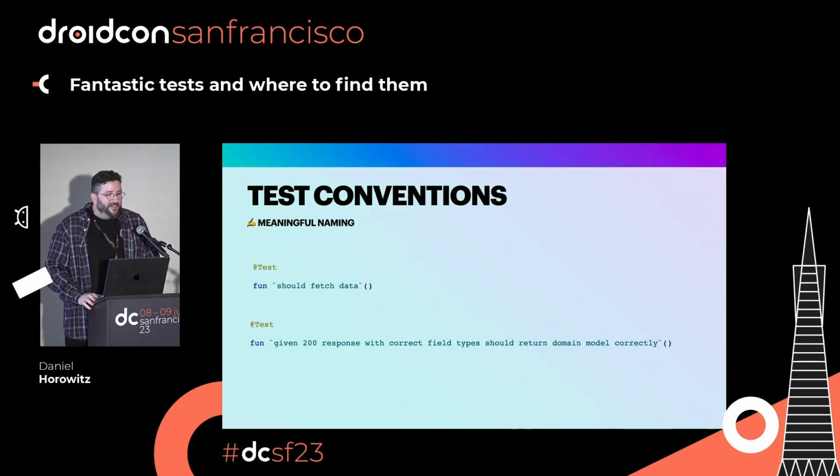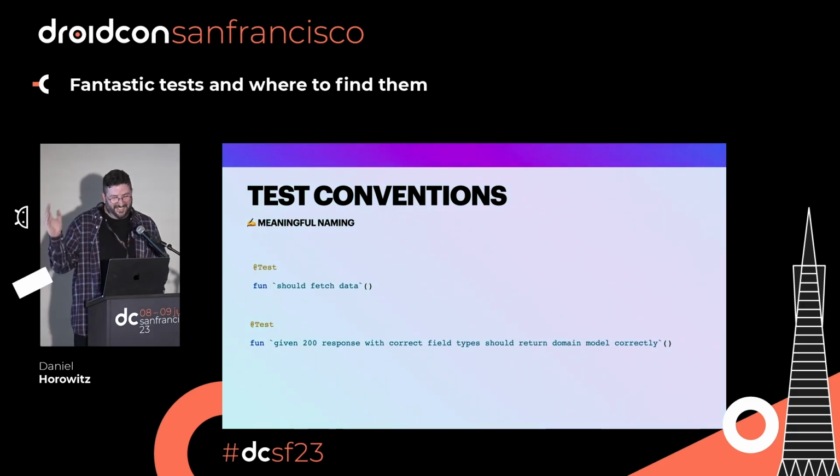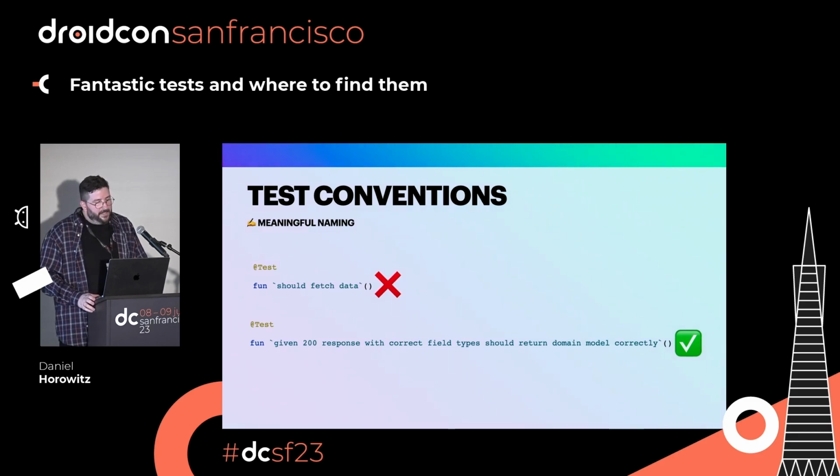So meaningful naming. I guess we all saw or wrote a test like this, "should fetch data," right? I did it before. So in the beginning, having a longer name might seem weird, right? But then while we're reading this name, for example in this case, you have "given a 200 response."